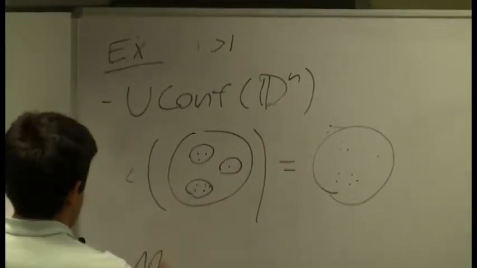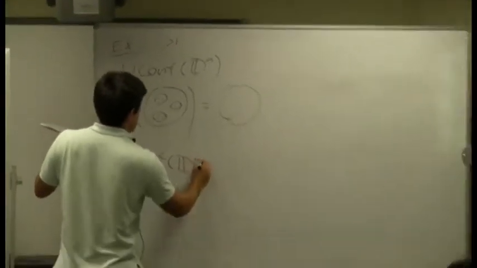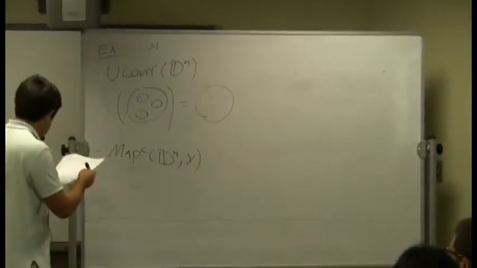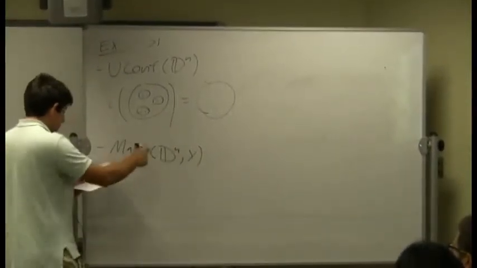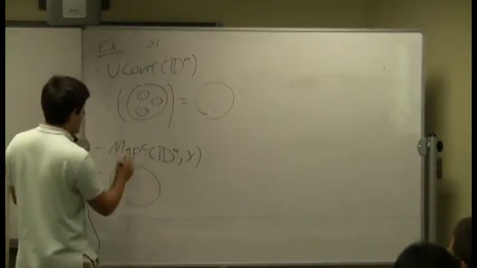Another example is the space of compactly supported maps from an n disk to some space Y. And so how do we find the map there?